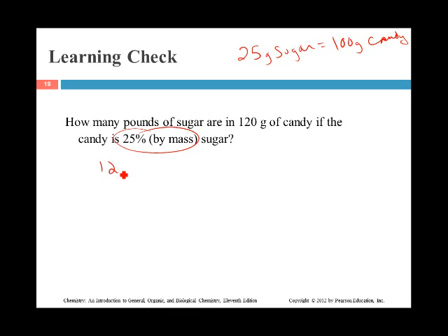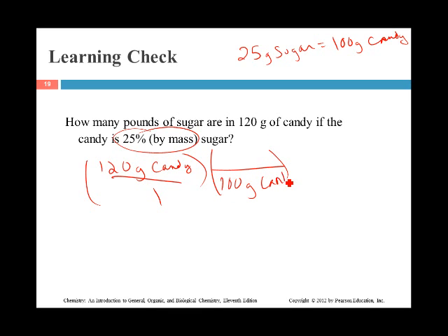So we have 120 grams of candy over 1, because that's what we're trying to convert. 100 grams of candy are on the bottom because we have grams of candy on the top of this one, so we want to put it on the bottom of the next one, and that equals 25 grams of sugar.